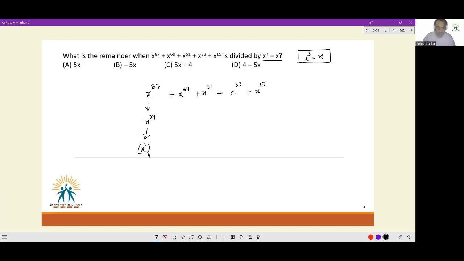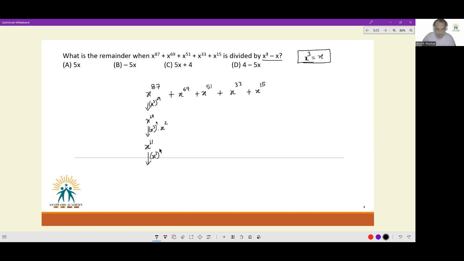Let me not skip over steps because people will be troubled. Let me write it. X cube raised to the power 29, so it will turn to x raised to the power 29. This will be x cube raised to the power 9 into x square. So x raised to the power 9, x square will turn to x raised to the power 11.